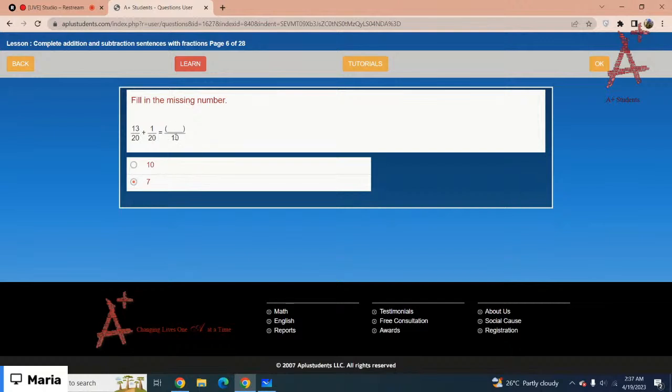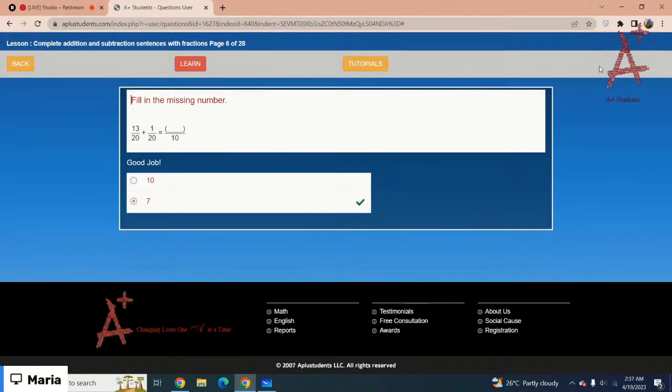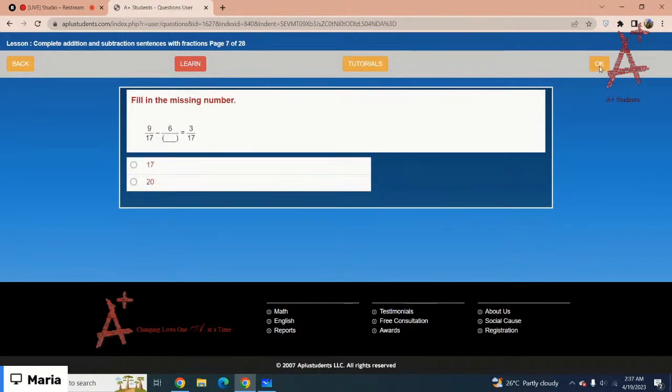But you can see here you have 10. That means you have to divide it by 2. So it would be 7 over 10. Got it? Okay, 9 over 17 minus 6 over 17 equals 3 over 17. So which number is missing?